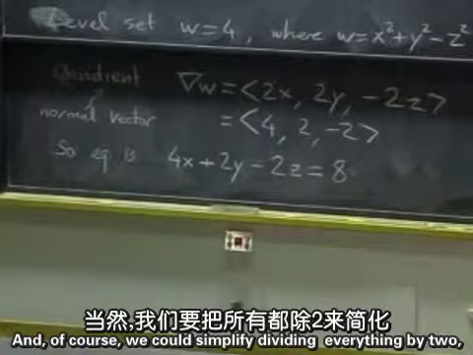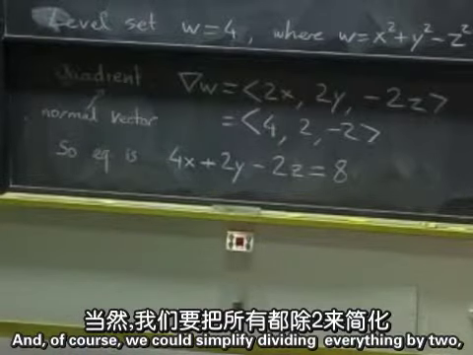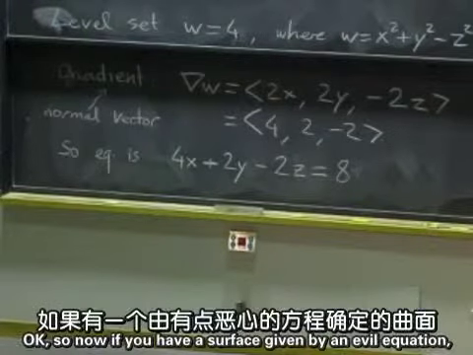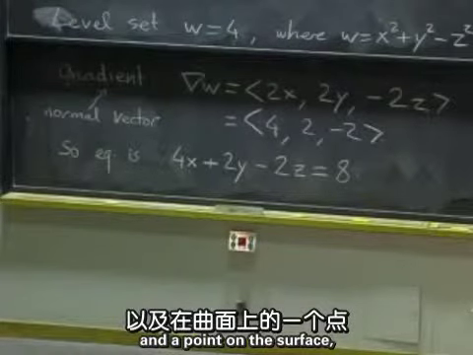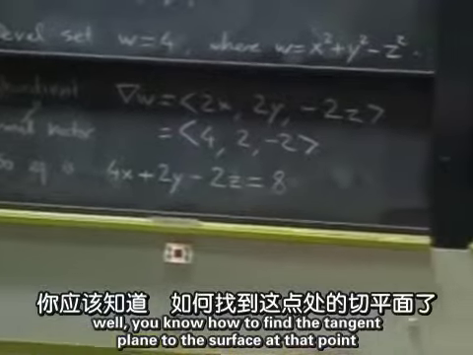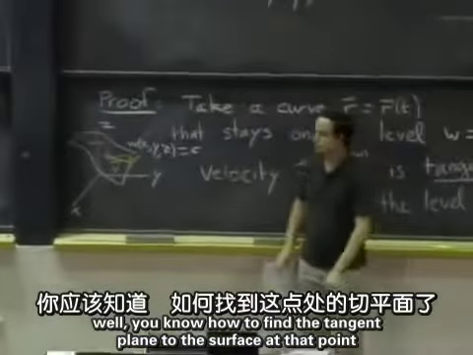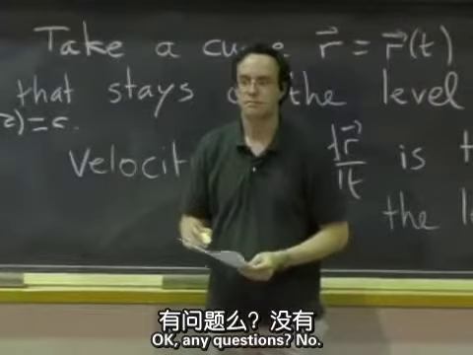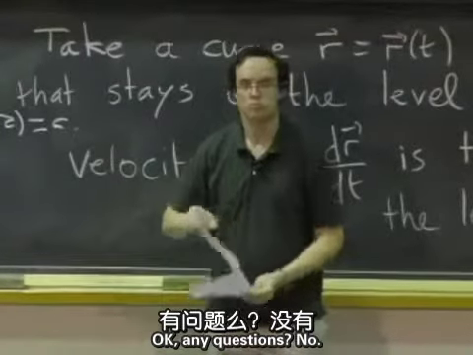And of course, we could simplify by dividing everything by 2, but it's not very important here. So now if you have a surface given by an equation and a point on the surface, you know how to find the tangent plane to the surface at that point. Any questions? No?